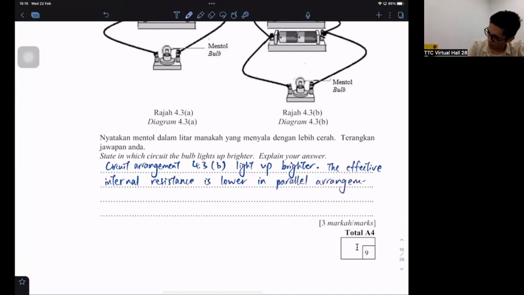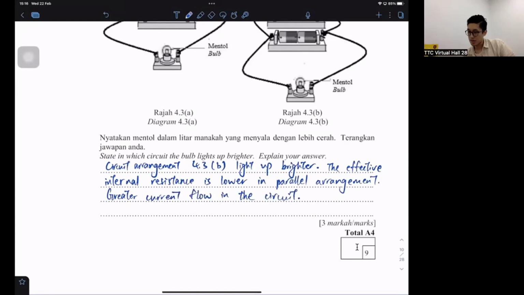Then when there's lower resistance, you get more current flow. So you say greater current flow in the circuit. Circuit arrangement 4.3b lights up brighter. The effective internal resistance is lower in parallel arrangement. Greater current flow in the circuit.